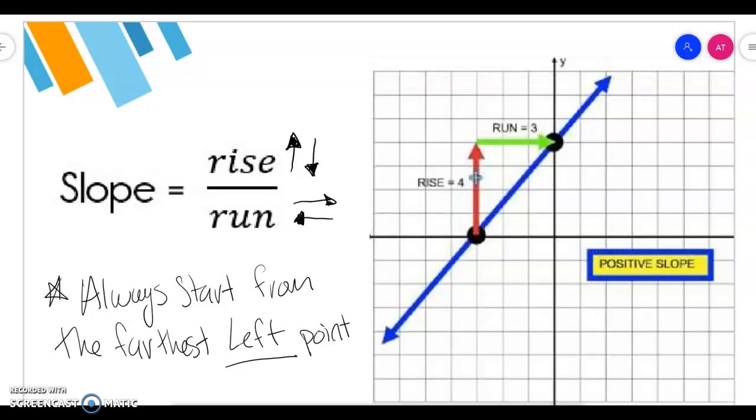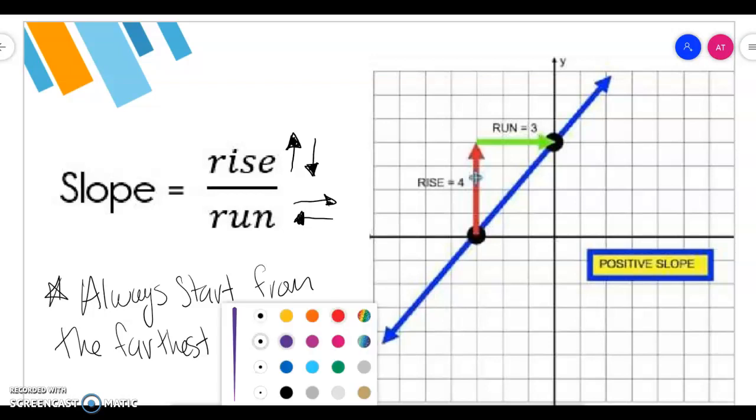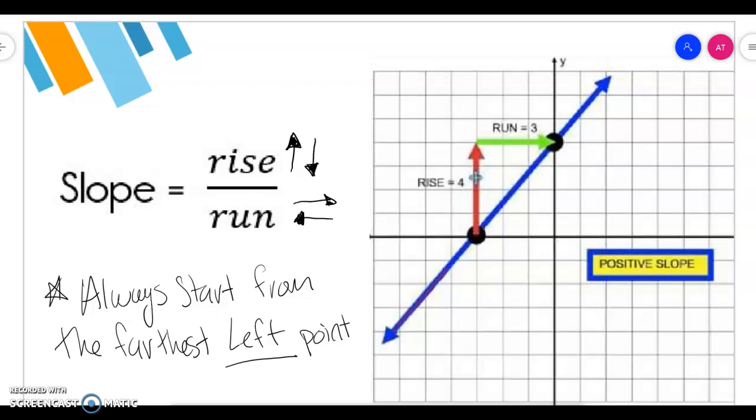So as we go along a graph, moving from left to right, we want to make sure that we hit the farthest left point we can in order to solve for the slope. It's a lot easier to be consistent.